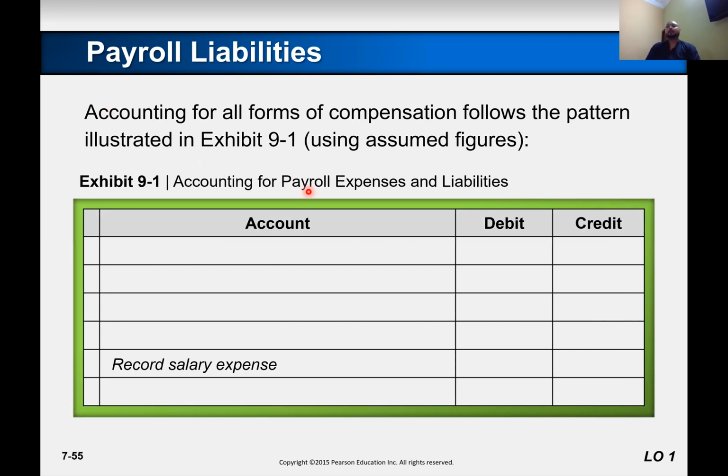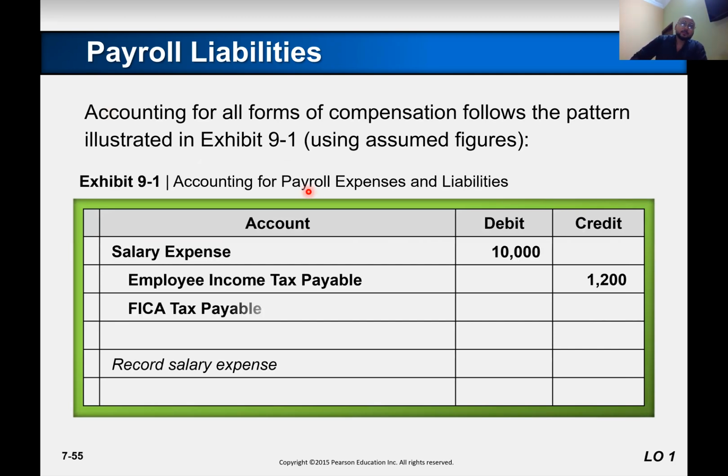So the example here is simple. Salary expense, because you paid the salaries of 10,000. Inside this 10,000, how much belongs to tax? Tax belongs to the government, so tax payable.